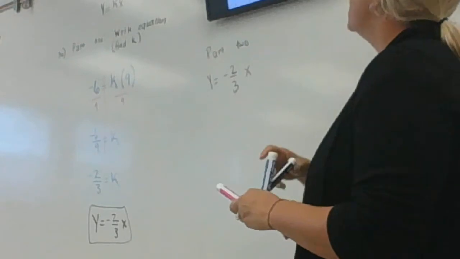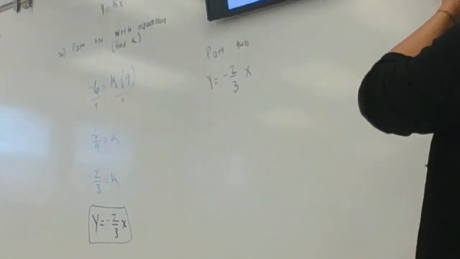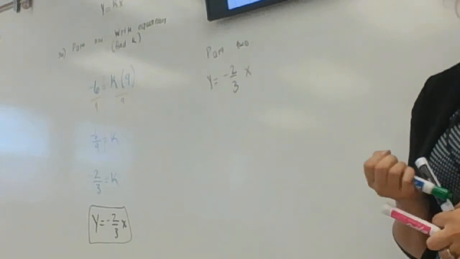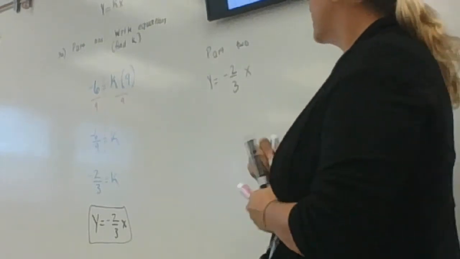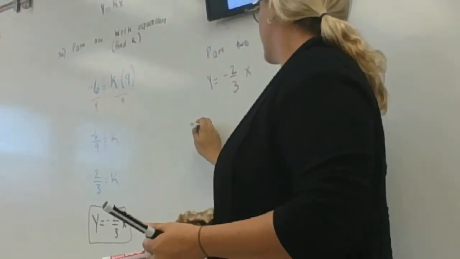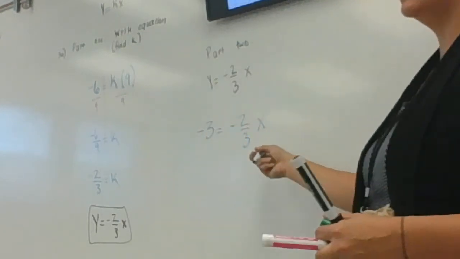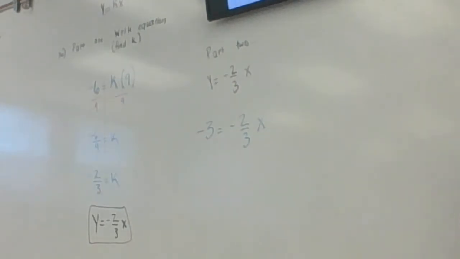It says find x when y is -3. Okay, so put -3 in for y. And now solve for x.